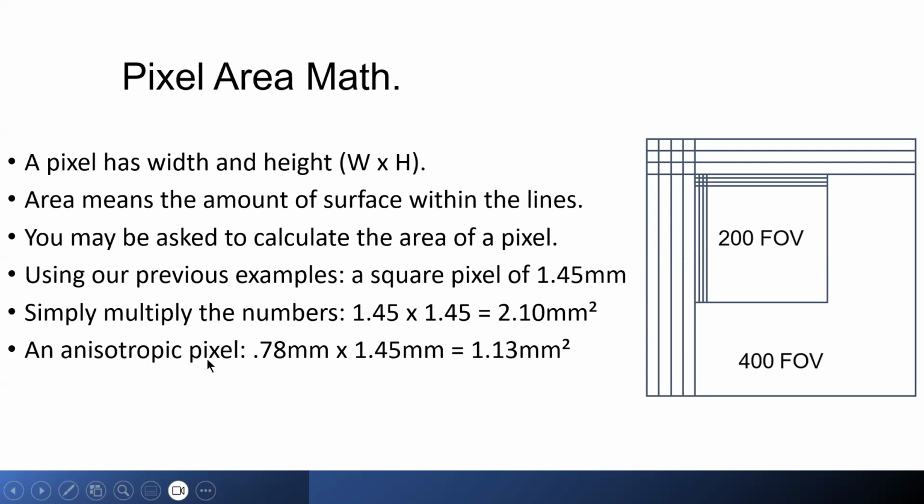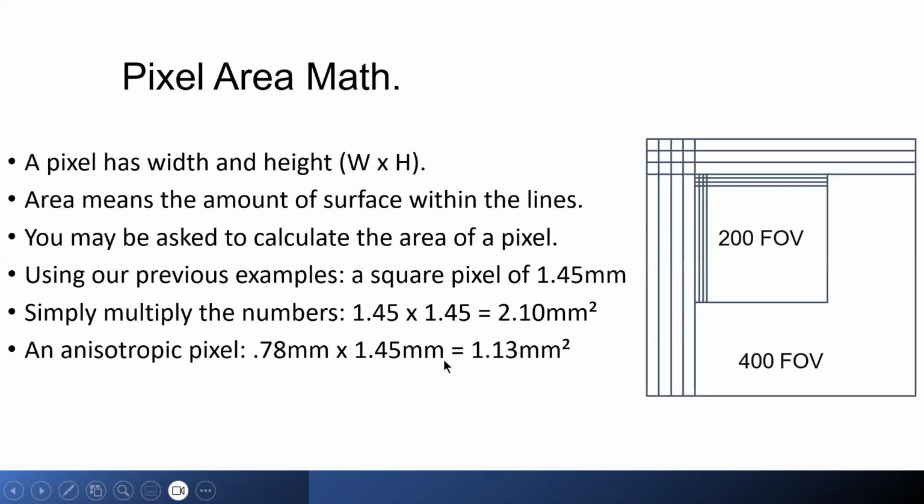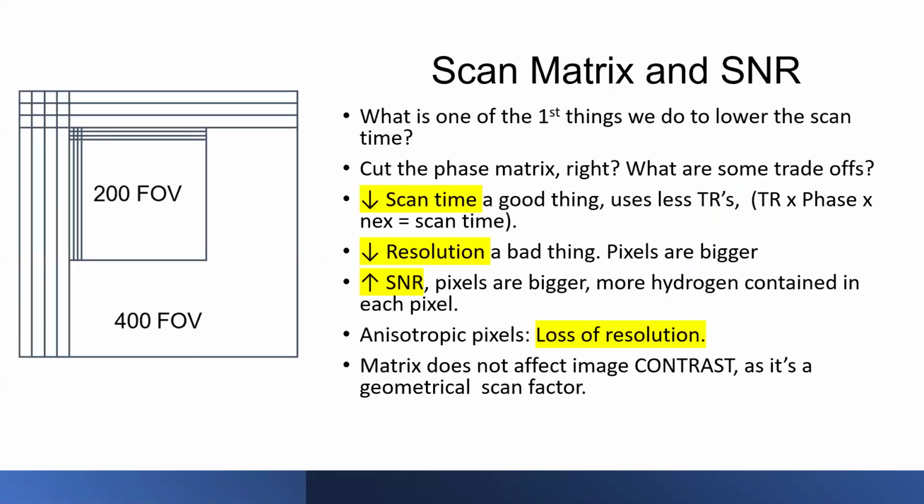An anisotropic pixel, same thing. Multiply the height by the width, and it's square millimeters. My bad, guys. All right, so watch these little 2s and 3s, okay? Cubic means it's 3-dimension. The 2 means it's 2-dimension.